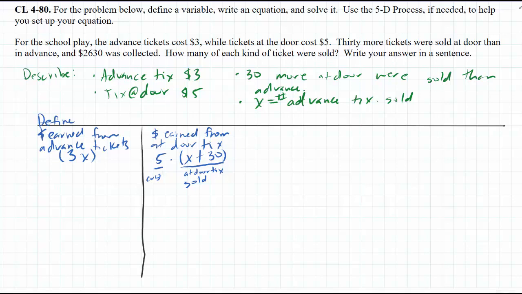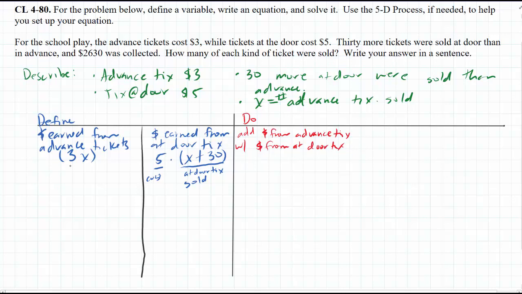Okay, let's break this down. Let's do the next part in red. That's going to be the do. What are we doing? We're going to add the money from advance tickets with the money from at-door tickets.